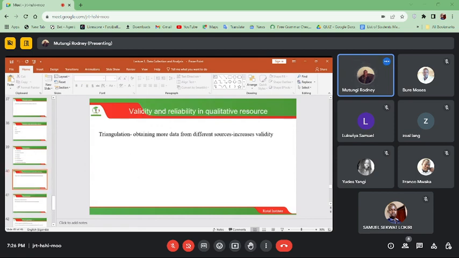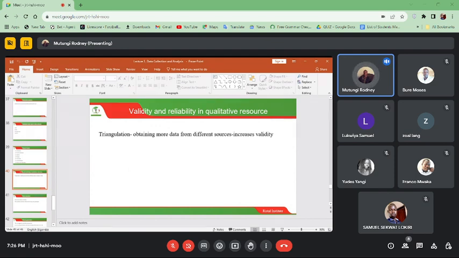Then, for us to make sure that our study, our evaluation, our research is very valid and reliable, or that the findings can be generalized to the bigger population, we have to do what we call triangulation, and this requires us to use different sources and different methods of data collection, which will increase validity.